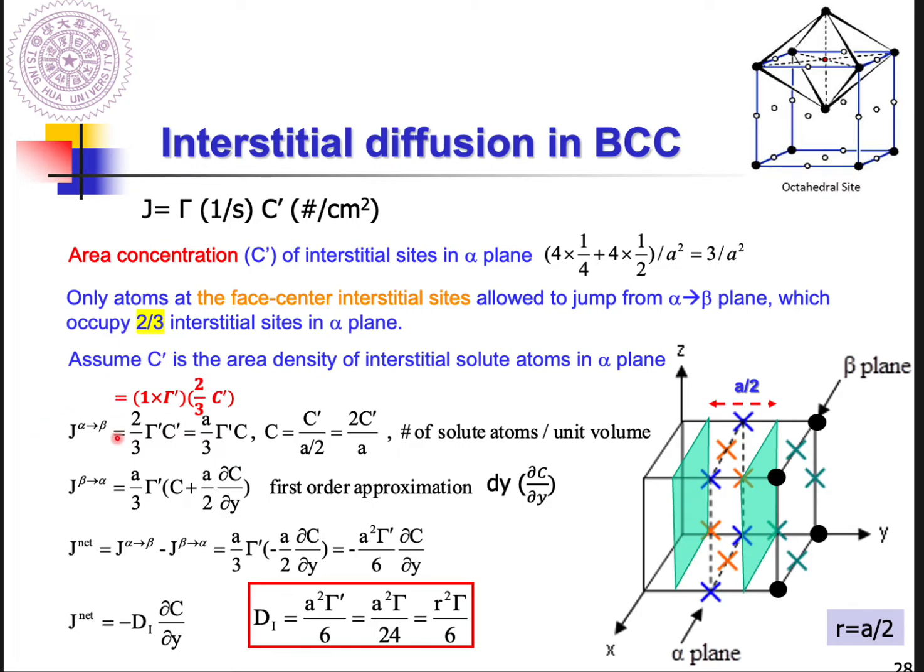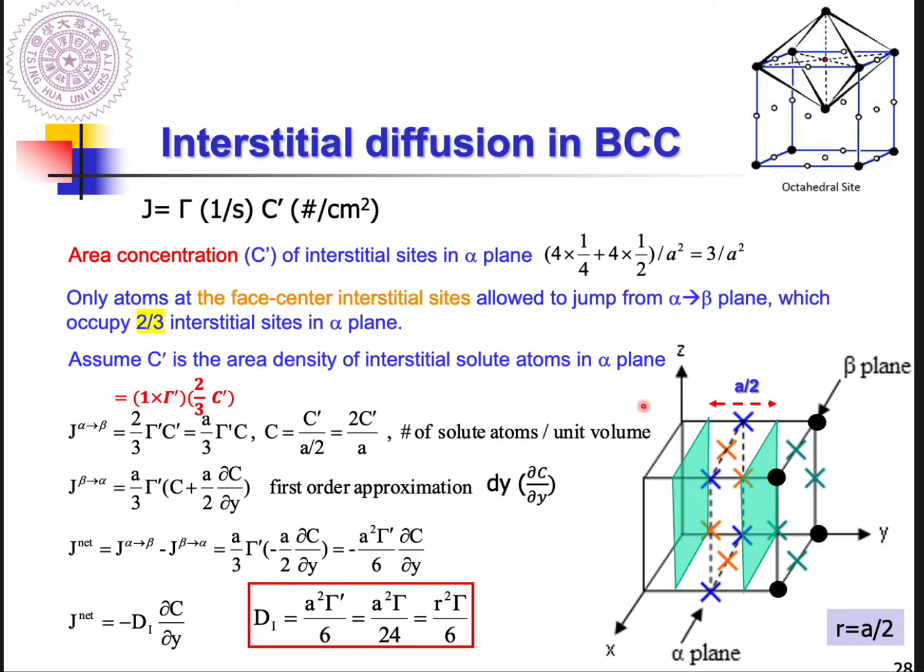So let's try to formulate the flux from alpha to beta. For the concentration C-prime, only 2/3 of the atoms can make a successful jump to the beta plane, so 2/3 times C-prime. Related to the atomic jump rate, we only have one direction, so it's 1 times gamma prime.